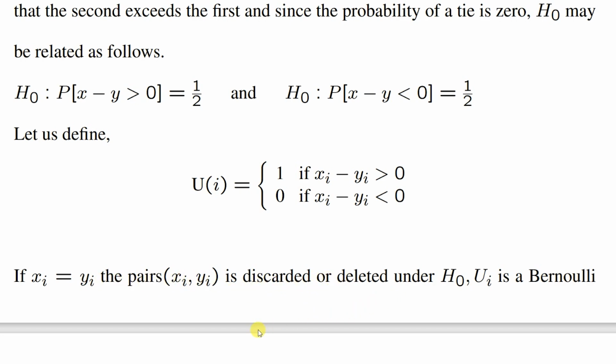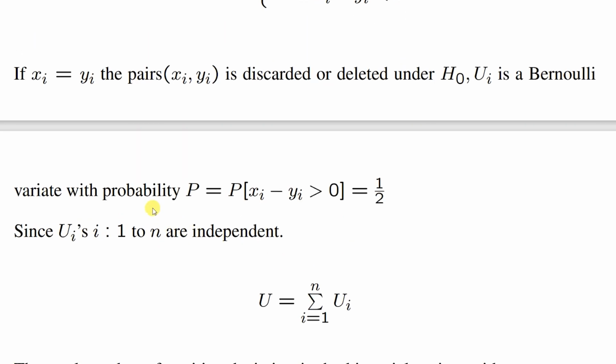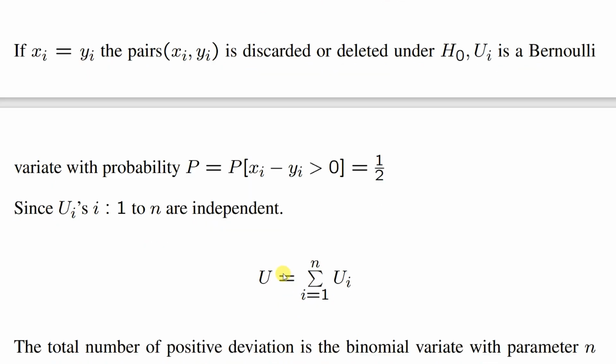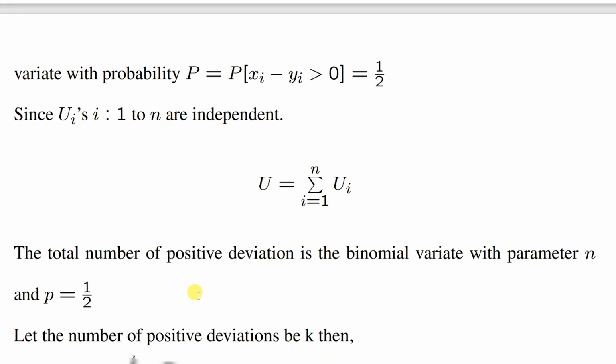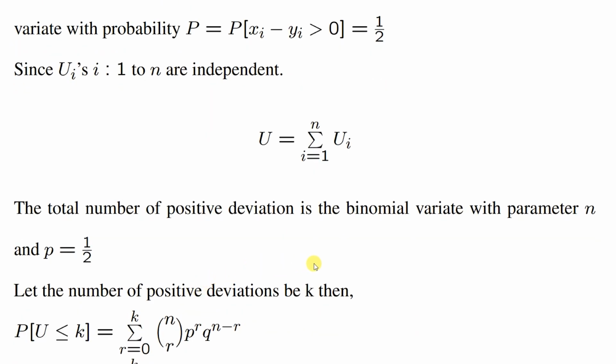Under the hypothesis H0, ui is a Bernoulli variate with the probability p = probability of xi minus yi greater than 0 = half. Since the ui's, i takes the value 1 to n, are independent, u = sum of ui, i = 1 to n, the total number of positive deviations, is a binomial variate with parameters n and p = half.